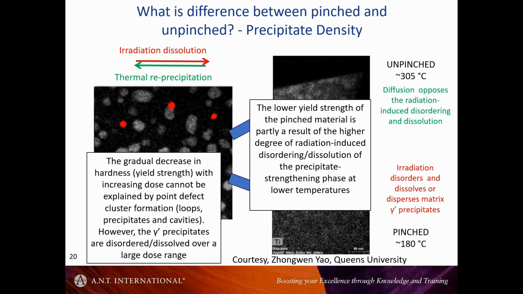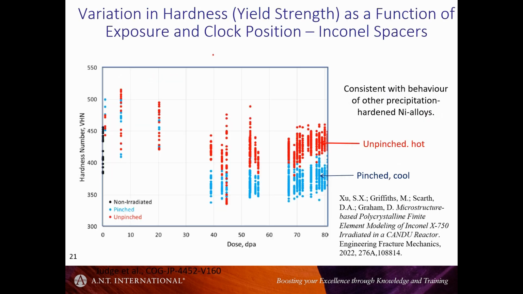So you get this gradual decrease because you're dispersing these precipitates, but there's a temperature dependence. It's more prevalent at low temperatures, which is a little bit counterintuitive, but it's precipitation hardened materials. I mentioned the case of Inconel 718, but this is X750.